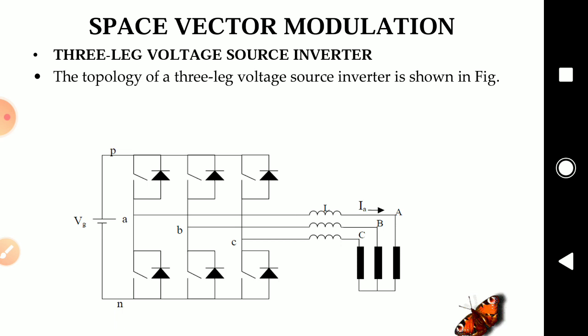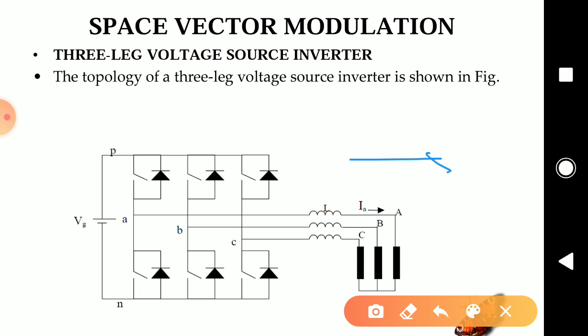Space vector modulation means we are going to take a phasor and rotate it in the anti-clockwise direction. The rotation of the phasor will give us certain output signals, and these output signals will be provided to the inverter, and correspondingly we will be getting the output.